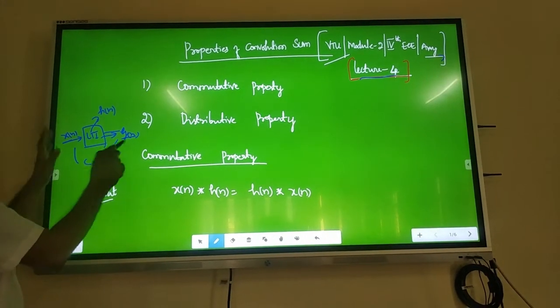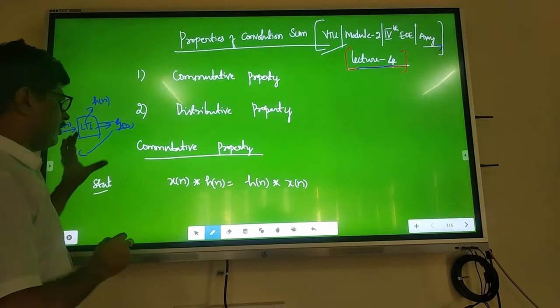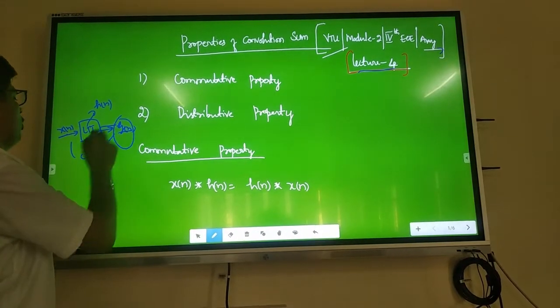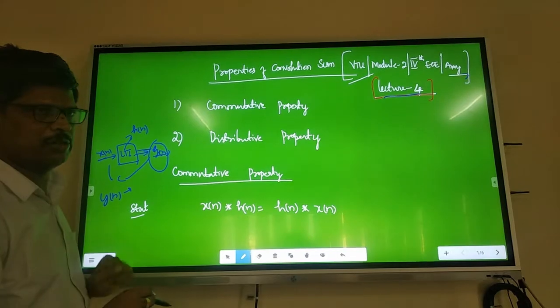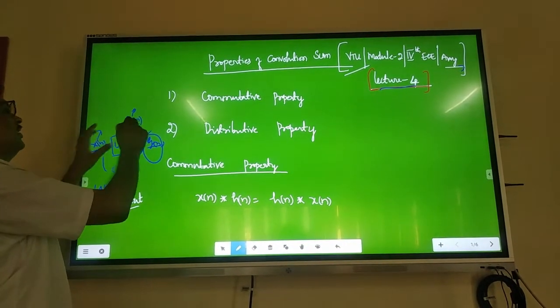We are discussing discrete time. Then we also discussed convolution sum in 3 ways of finding the output y of n. One is the graphical way, considering x of n and h of n.